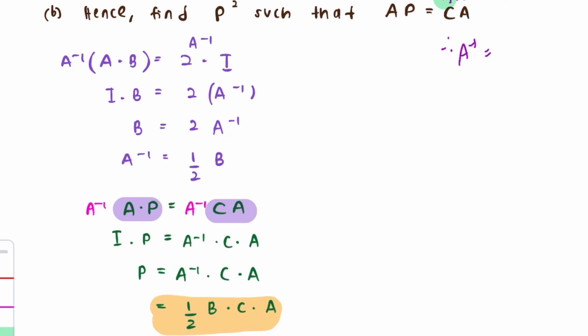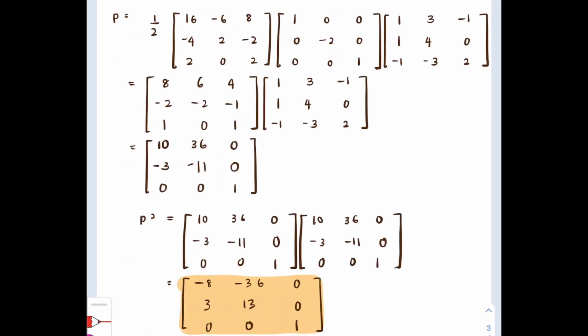A inverse is equal to 1 over 2B. So rewrite A inverse here, 1 over 2B, and then rewrite back CA. This is the equation of finding P. So now let's find matrix P. It is half B, C times A. Multiply all of this together.